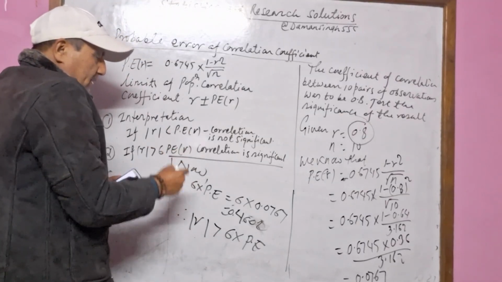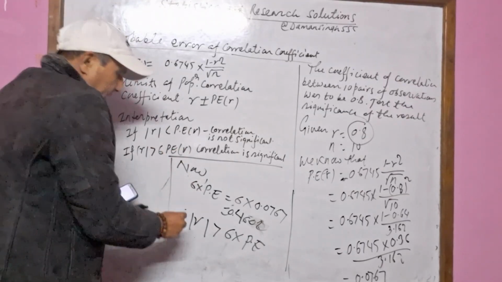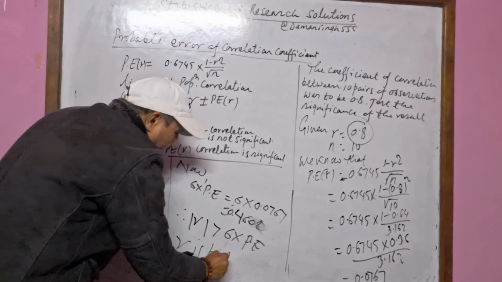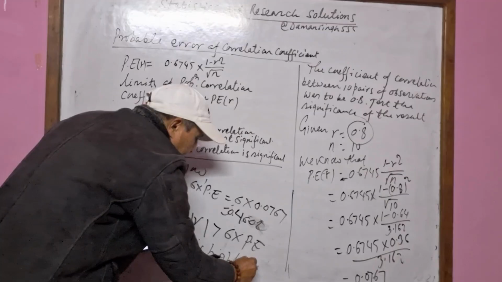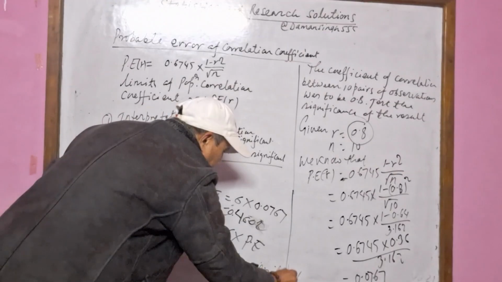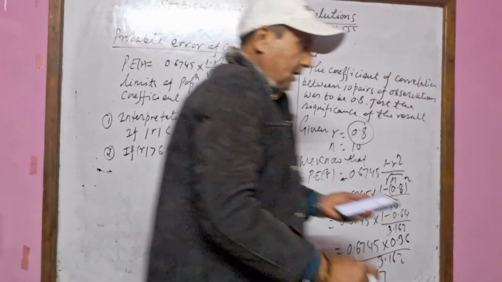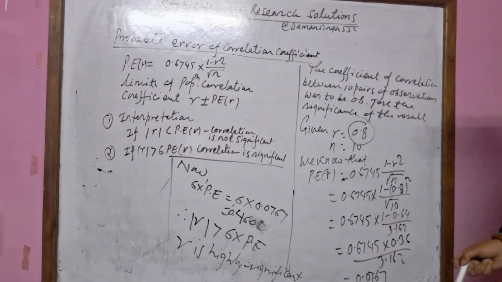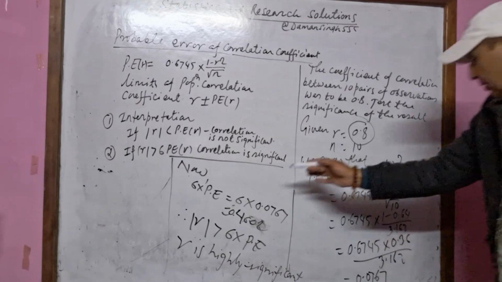So what is our conclusion? R is highly significant, we interpret, because it is greater than 6 times PE. So in this way we interpret.